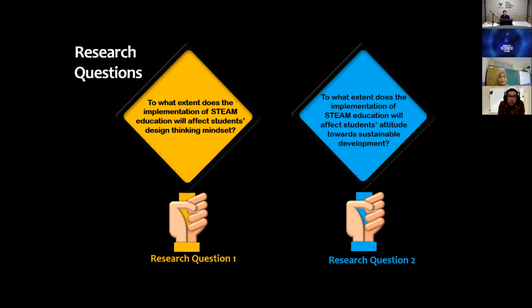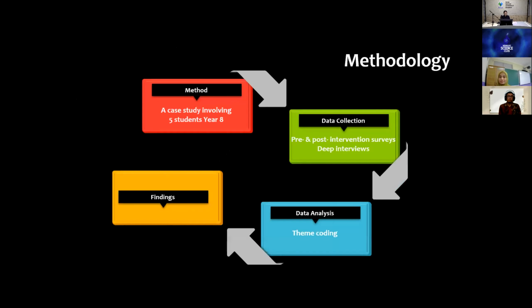Here is the specific research question of my project: to what extent does the implementation of STEAM education affect students' design thinking mindset, as well as their attitude toward sustainable development? For methodology, I use the case study method, which involves only 5 students.